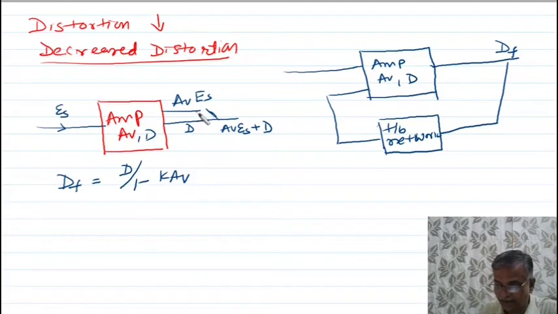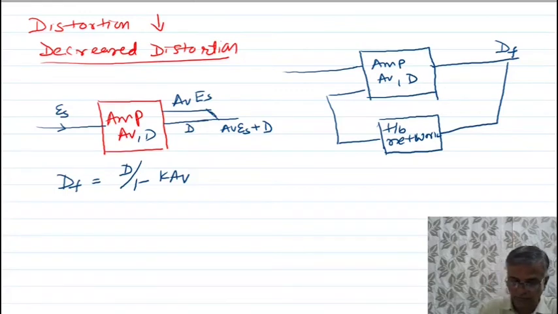You can compare the distortion of the amplifier and the distortion of the amplifier with feedback only when both outputs are the same.